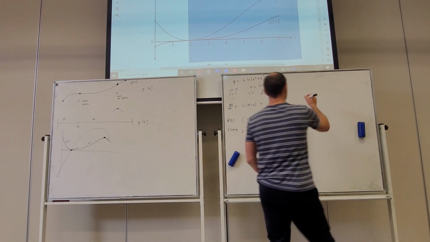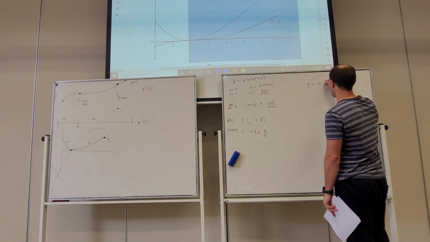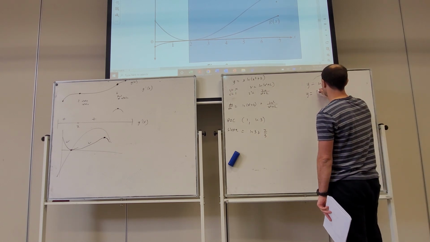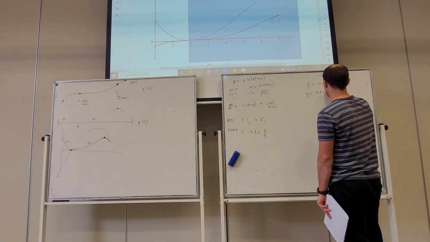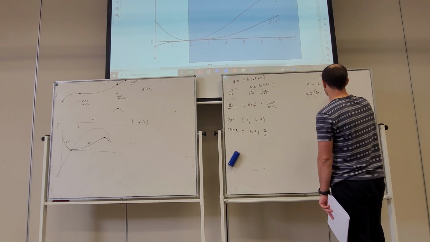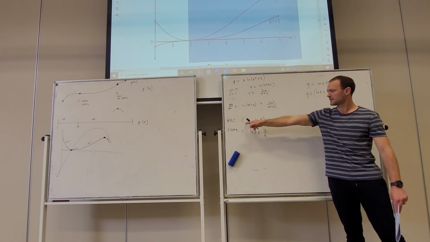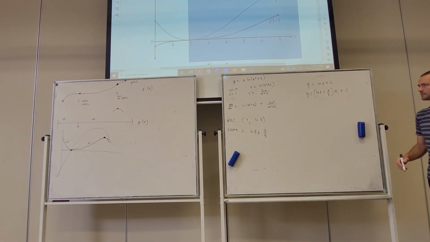The equation of a tangent, or the equation of a line, is y equals mx plus c. We've got m, and we know it passes through the point x is 1, y is ln 3.